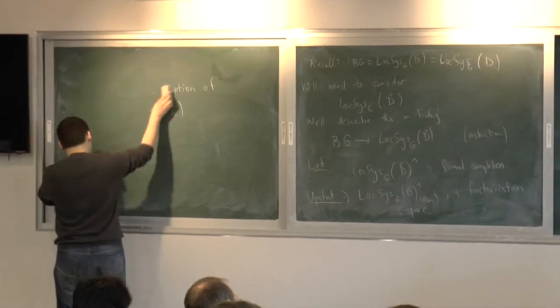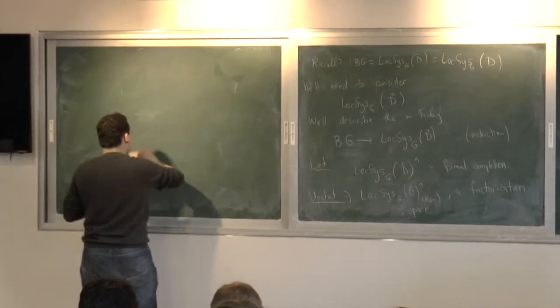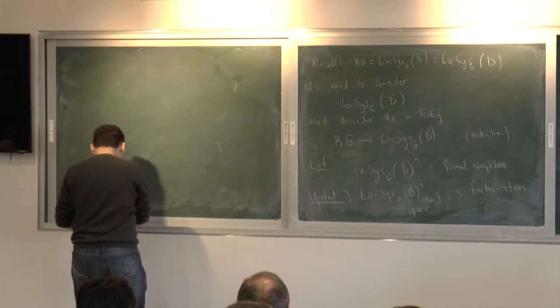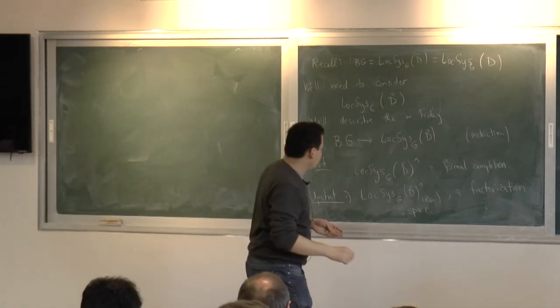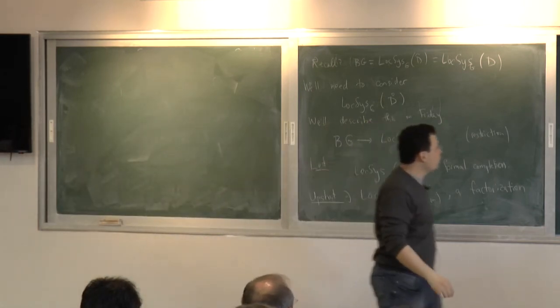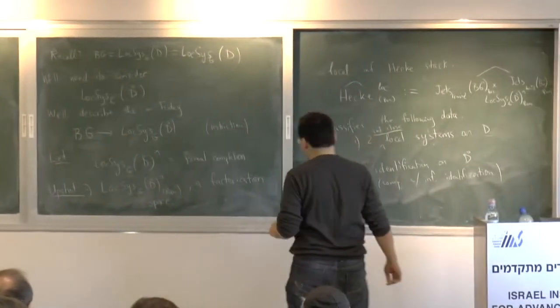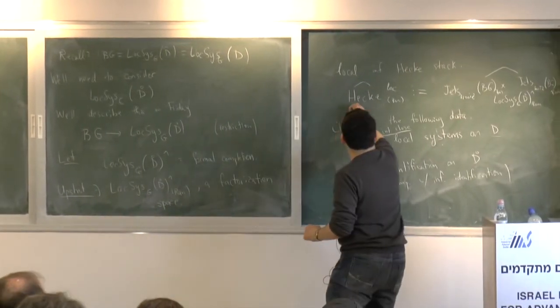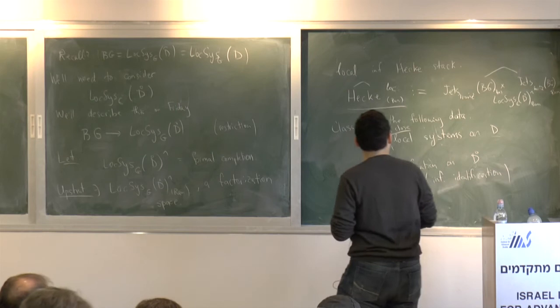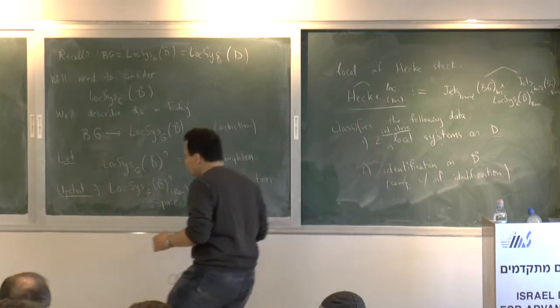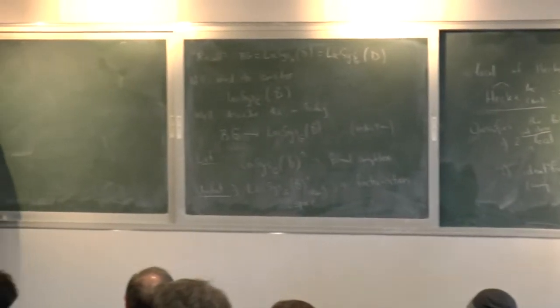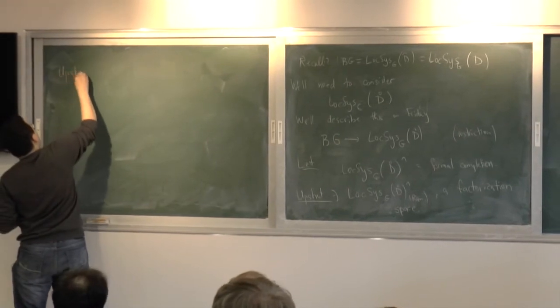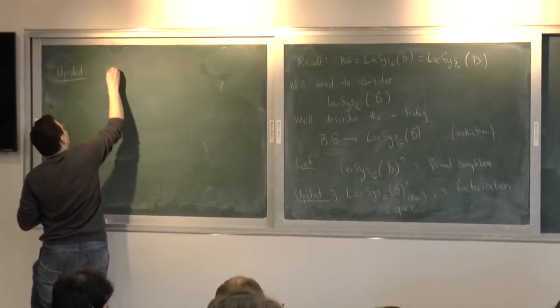All right, so it's this kind of object, and these are the ones that will play a role. So the upshot is we have a groupoid.